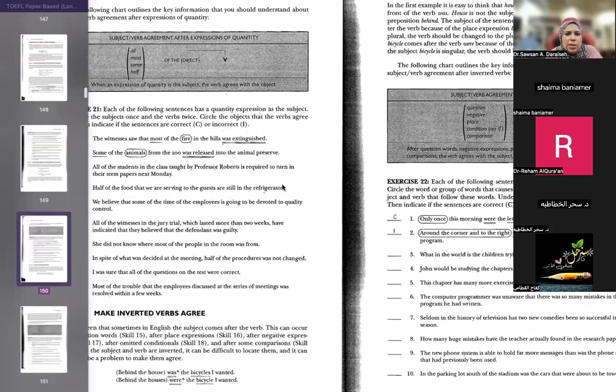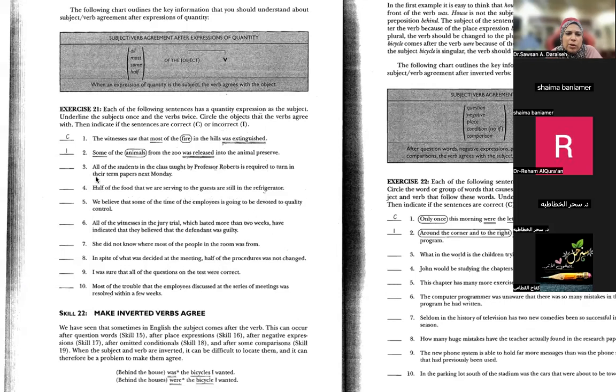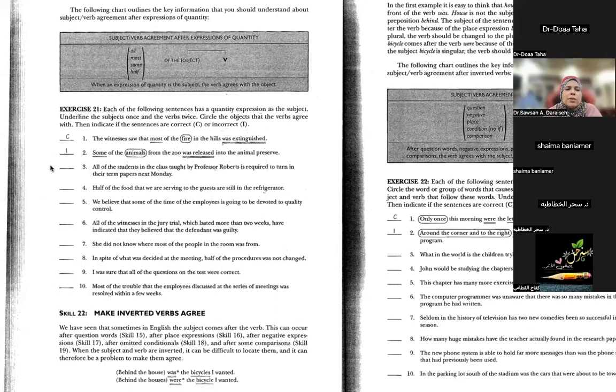Okay. Let's do 3 maybe. We're going to do several, 3, 6, 10 maybe. How about 3? Who would like to look at 3 and tell me whether the sentence is correct or not correct, and tell me what the problem is? So what do you think?